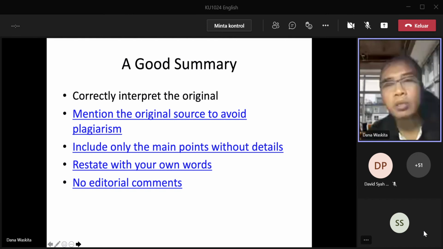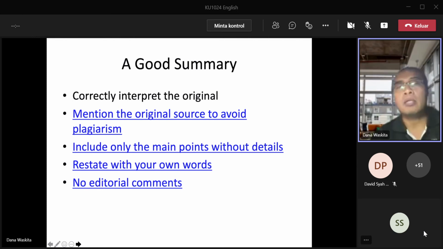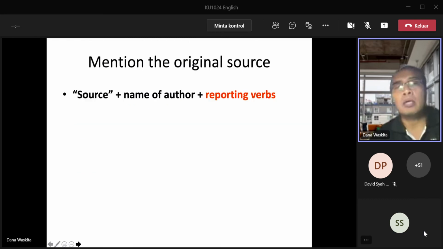As I said, it can be the title of an article, or the title of a book, and then followed with the name of the author. And you need to add a reporting verb, what the author says in the article or in the book itself. Yeah, reporting verbs like says, for example, or states. Yeah, let me show you the example.